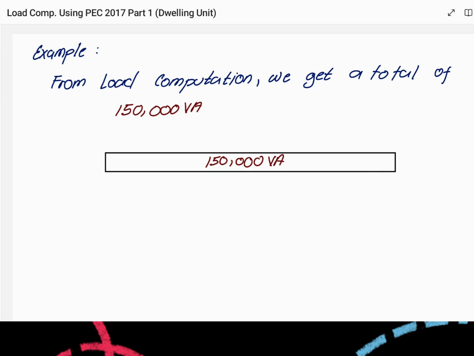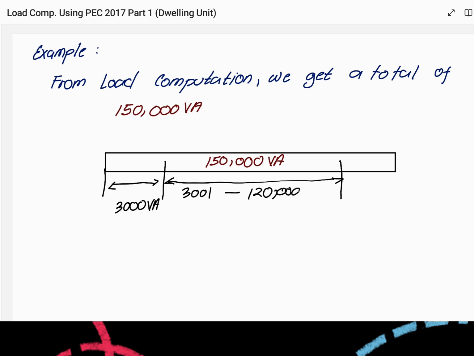For example, we say from our load computation, we get 150,000 VA. Now we will divide the total power into three parts. First is the first 3,000 VA. Okay. Next, from 3,001 up to 120,000 VA.